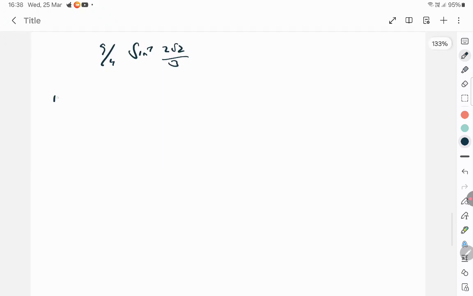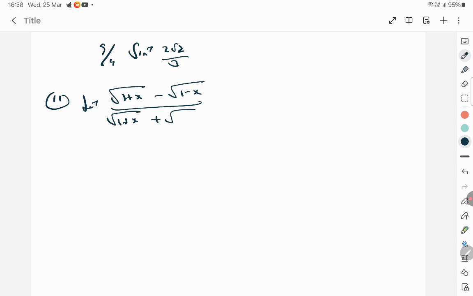So let's go to 11th question, which is tan inverse of root of 1 plus x minus root of 1 minus x by root of 1 plus x plus root of 1 minus x is equal to pi by 4 minus half cos inverse of x. This sum is a prove that sum. You have to take the left hand side and solve.